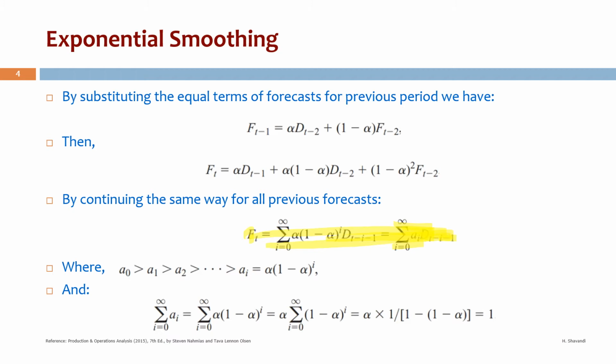Observation t minus i minus 1 has a weight a_i, and a_i is alpha times 1 minus alpha to the power of i. We also have the assumption here that the sum over all the weights equals 1.